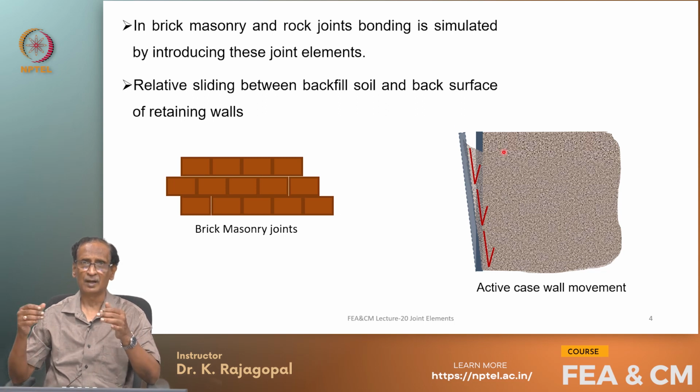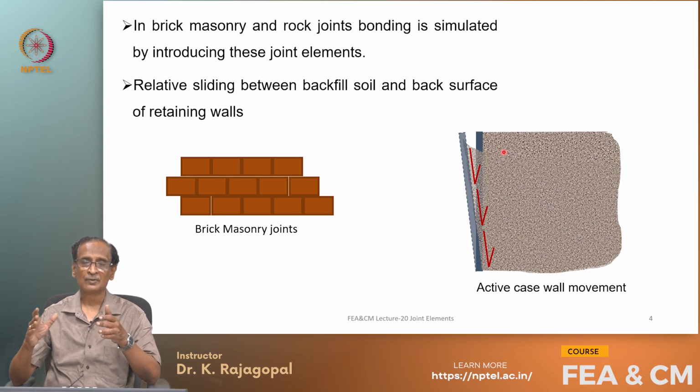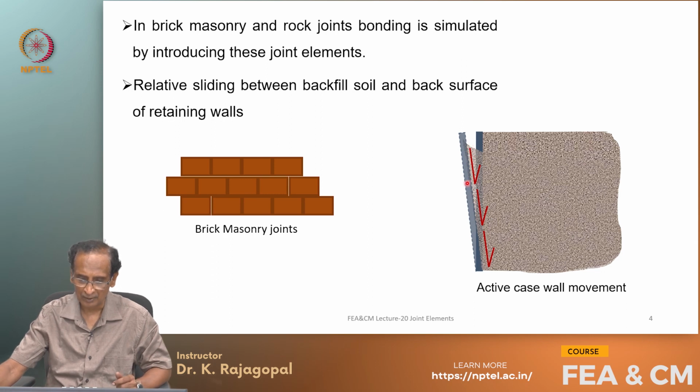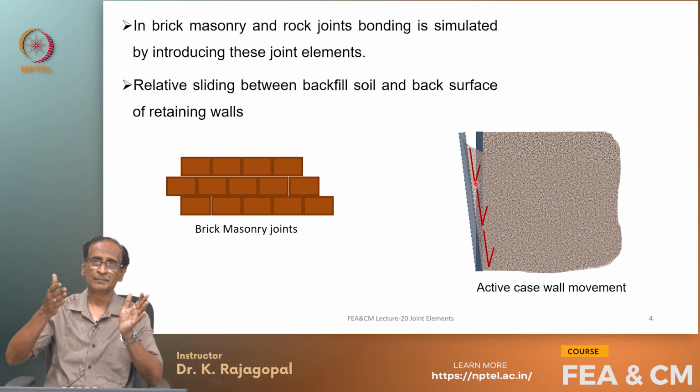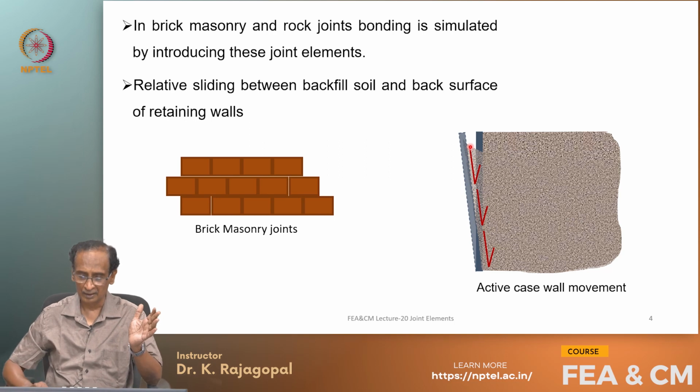These are not real, but because of improper numerical modeling, we could be transferring additional shear stresses that might lead to failure. To prevent that, we can place an interface between the wall panel and the soil, so that relative sliding can take place against the retaining wall.